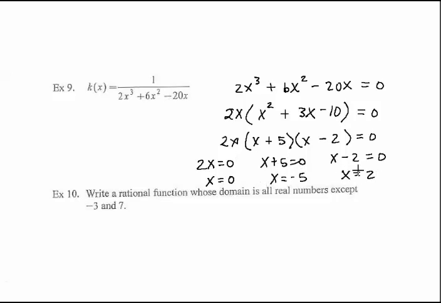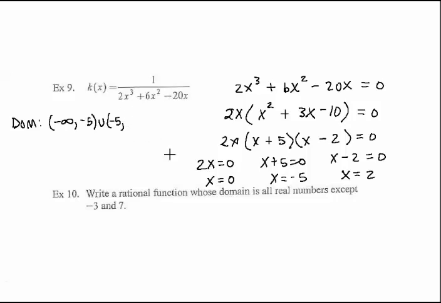These three numbers are not in the domain. So to answer the question, if we were asked what is the domain, we could write: domain is -infinity up until we get to -5, and then we have to skip it.